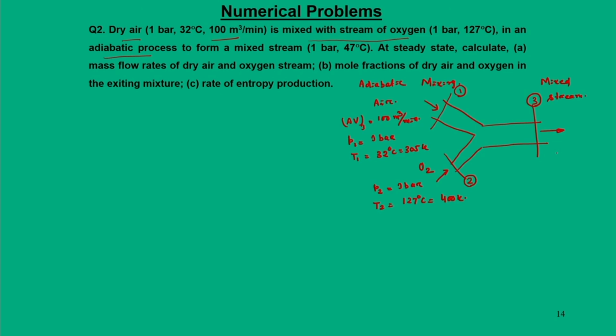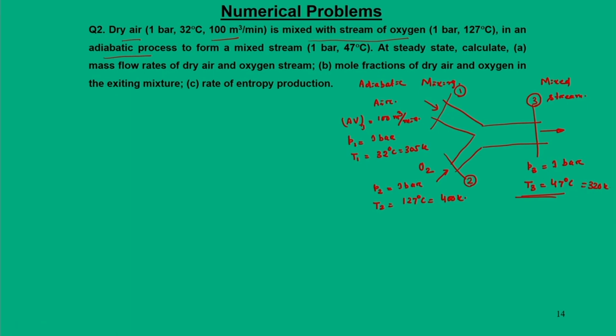The mixed stream has condition P3 the same pressure 1 bar, but temperature T3 is 47 degrees centigrade, so this is 320 Kelvin. The final temperature comes as 320 Kelvin, which means the composition of air and oxygen is adjusted so that the final temperature is reached.